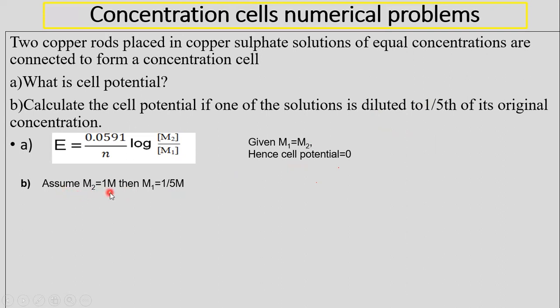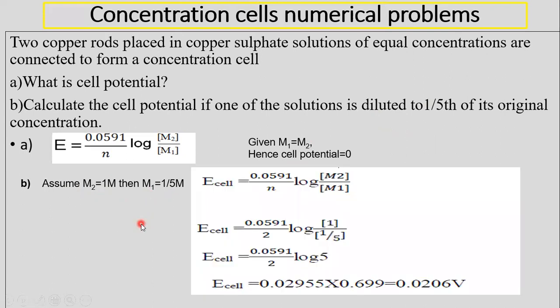M2 is taken as 1 molar. M1 will be 1/5. Substituting in the formula, E cell = 0.0591/n log(M2/M1), substituting it as 1 by 1/5 and solving, we'll get the final answer as 0.0206 volt.